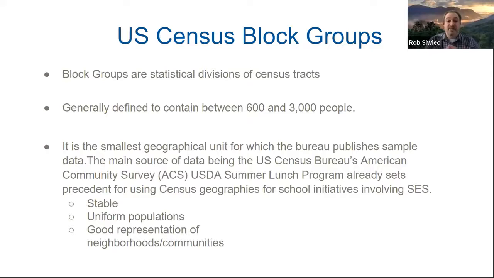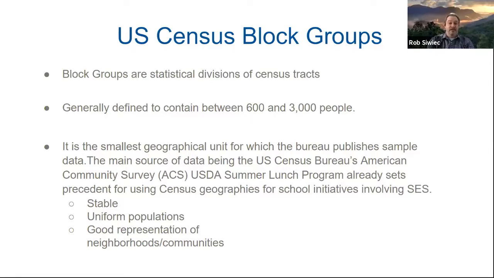With a switch to economic health, we're also viewing our families through a different geography. Wake County Schools has its own geographies to group students together called base attendance areas. And those are essentially comprised of parcels. Each student in each grade level has its own unique base attendance area.